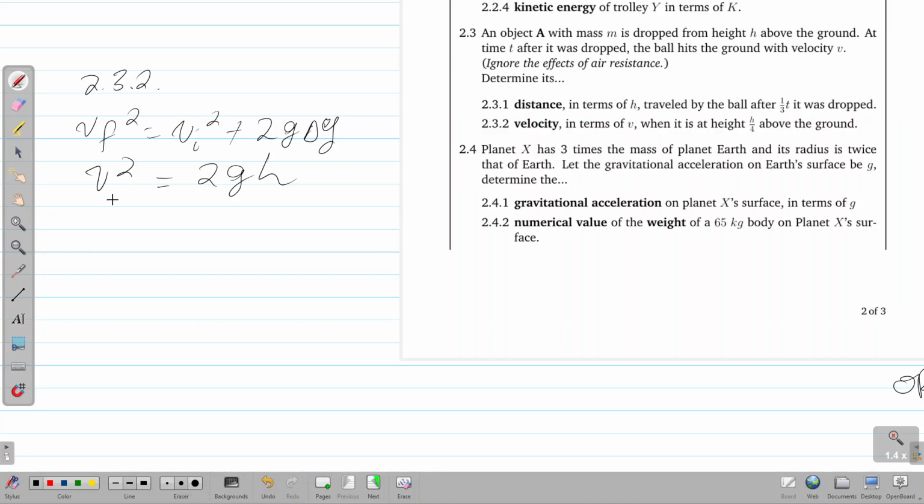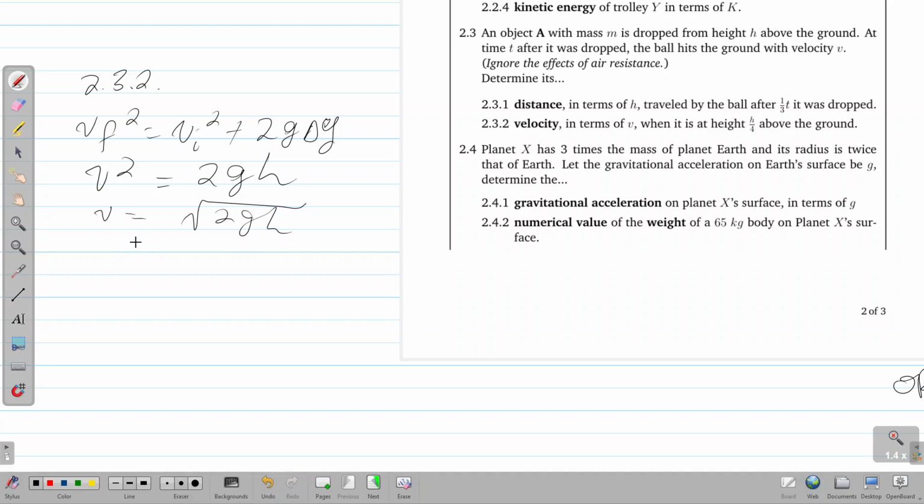I think it's easy if you write this as the square root of 2gh, so that you know that the velocity itself is proportional to the square root of h.